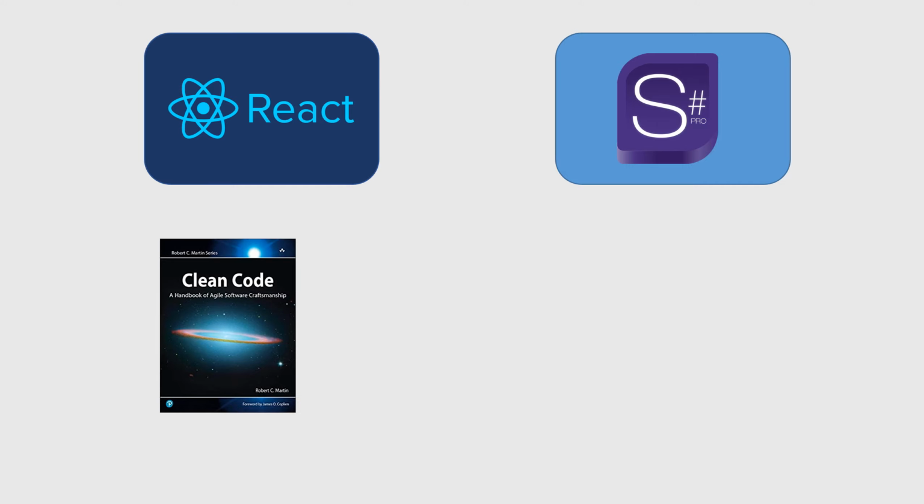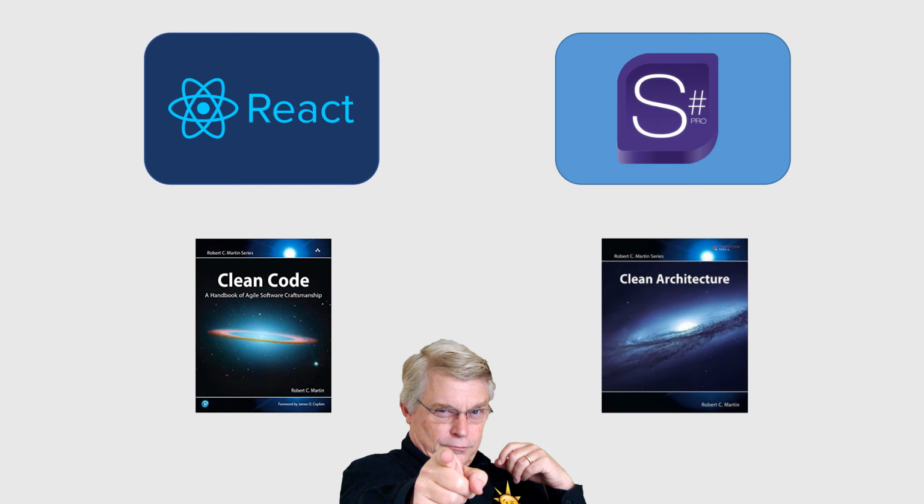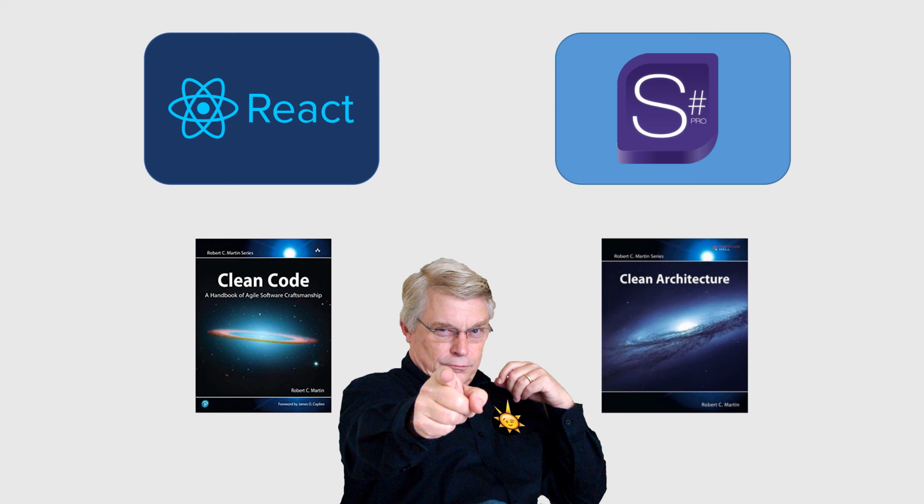Today, technology is advancing very fast, so it is always good to be in touch with the latest technologies and best practices. On the other hand, some principles will always stay the same, so it's not bad to read books like Clean Code and Clean Architecture by Robert Martin, more known as Uncle Bob.